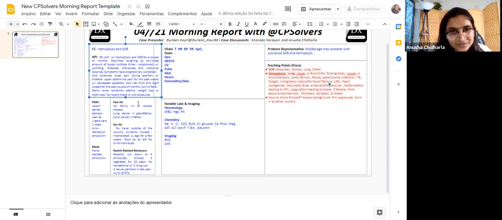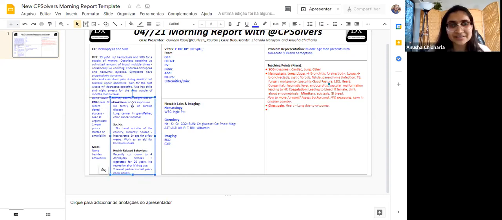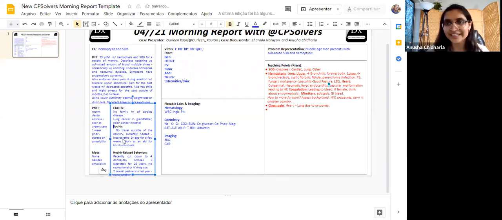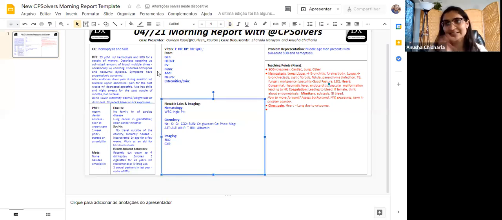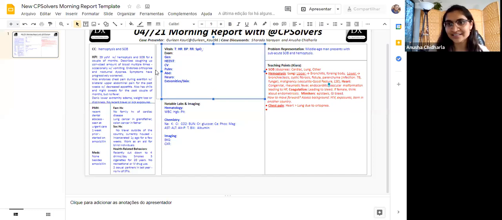Yeah, so 5 cigarettes for 20 years. Smoking is a risk factor for, again, lung cancer. Another important thing is if a patient has underlying lung disease in the past, they may have something like bronchiectasis, which is one of the causes of hemoptysis as well. But it doesn't seem like he has any underlying lung diseases in the past.